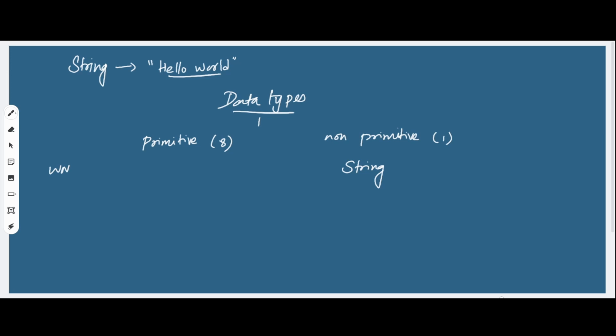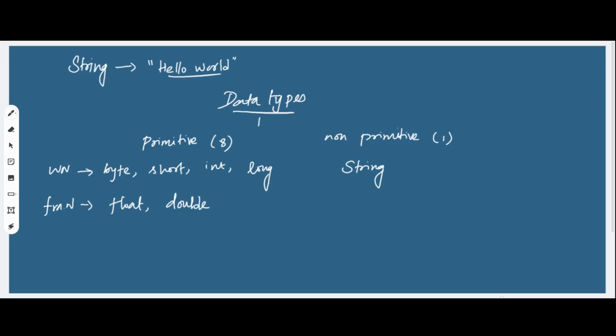So for whole numbers, we have 4 different data types: byte, short, integer, and then long. For float or fractional numbers, we have 2 types: one is float, another one is double.